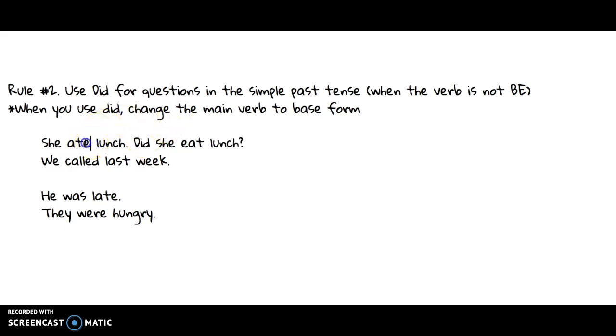Our verb here is in the past tense, and so we use did. We called last week. Again, the verb's in the past tense, so we will use did. Did we call last week? I can't remember.